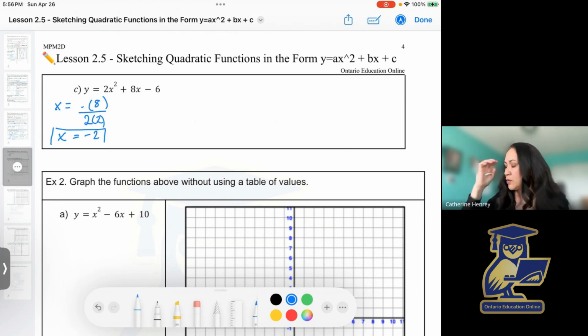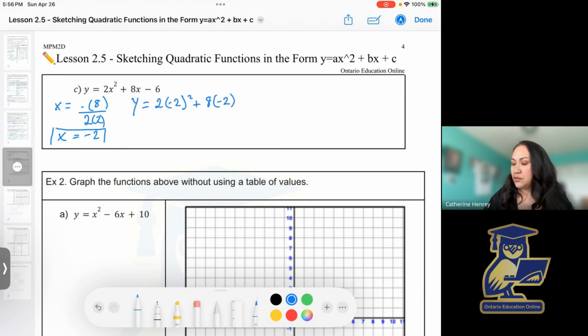To find the y coordinate, we're going to plug in negative 2 into the function. So y equals 2 times negative 2 squared plus 8 times negative 2 minus 6.